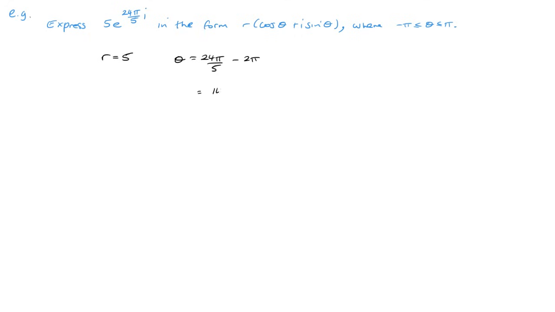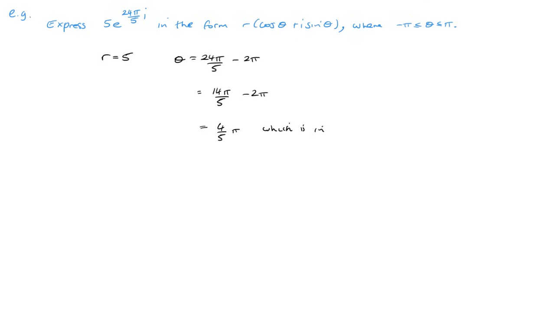That gives me 14 pi over 5, which I then subtract 2 pi from, because it's not in the range, and I get 4 over 5 pi. And that is in the range now.